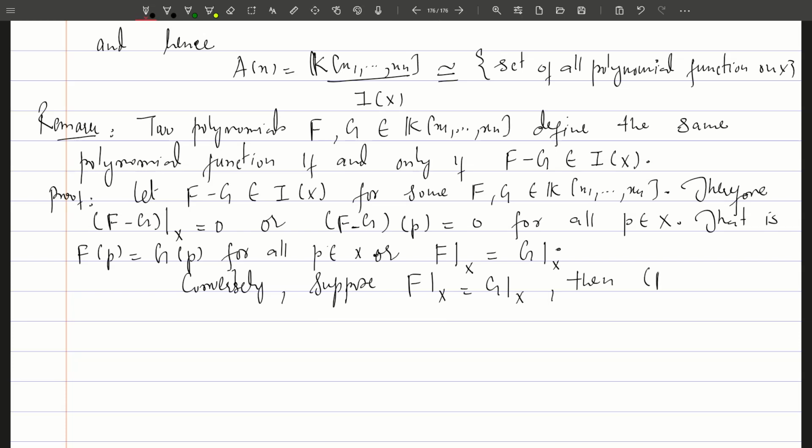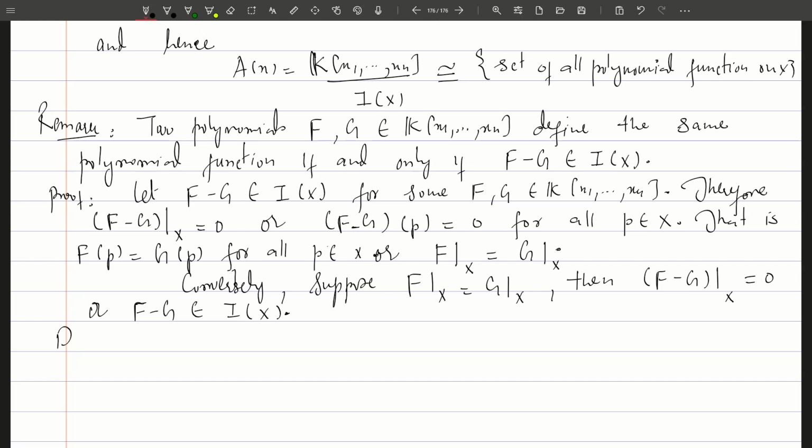Then the difference of f and g restricted over X is 0 everywhere, or the difference of these two polynomials is in the ideal of X. Now we proceed to define these maps.